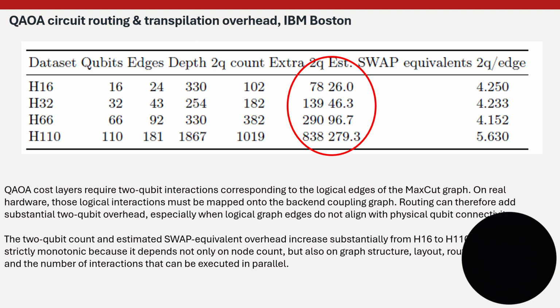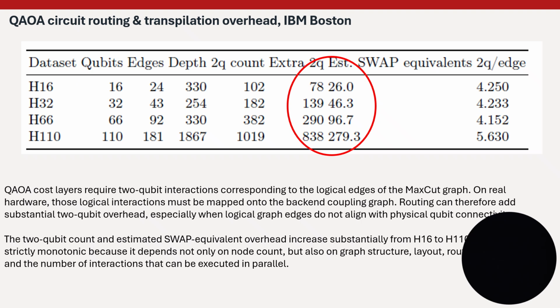The next slide shows the QAOA circuit routing and transpiler overhead for IBM Boston. QAOA cost layers require 2 qubit interactions corresponding to the edges on the max cut graph. In real hardware, those interactions have to map onto the backend coupling graph, so routing can add substantial 2 qubit overhead.